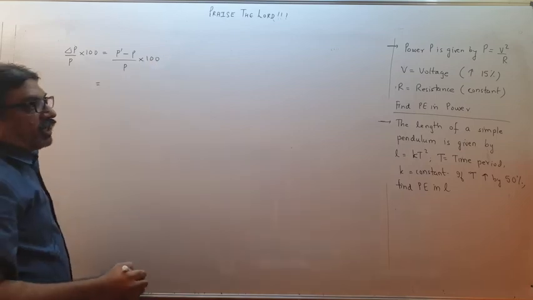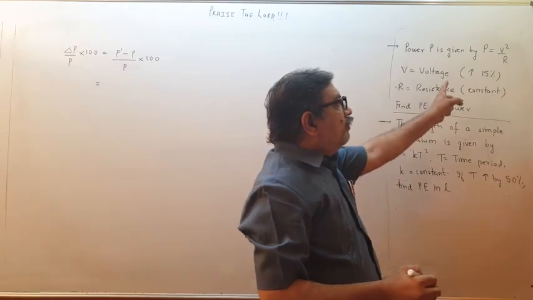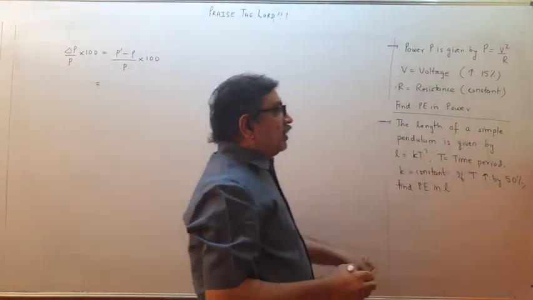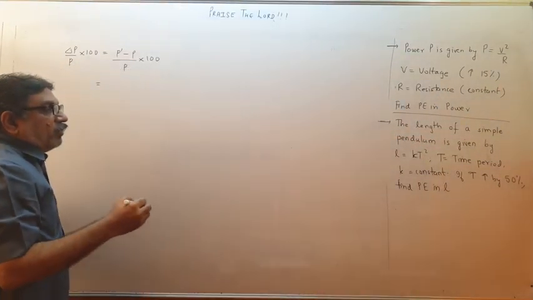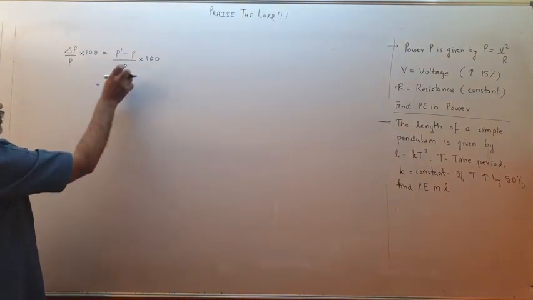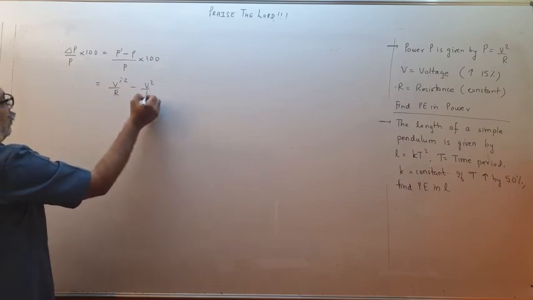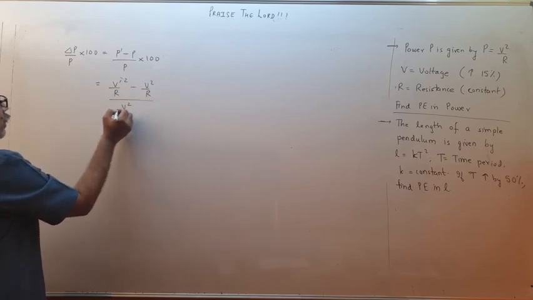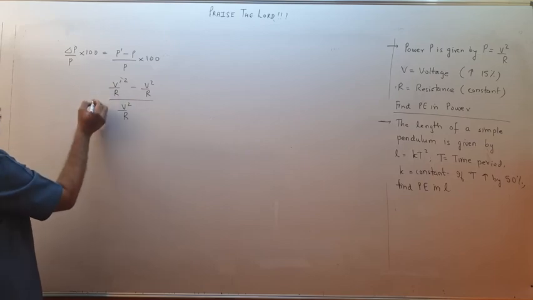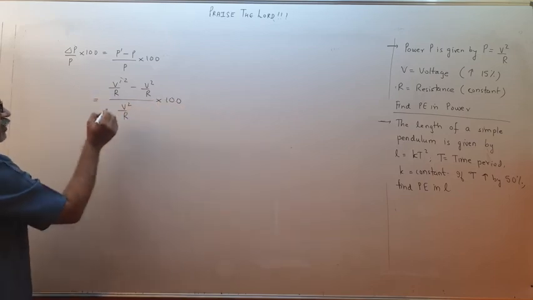So power is given to us by the formula V square upon R. Now why is the power changing? What is changing? Voltage, not the resistance. So R will remain R only, we will not make it R dash. Instead of P dash, we will write V dash square upon R because voltage is changing. V dash square upon R minus V square upon R, upon V square upon R, into 100.